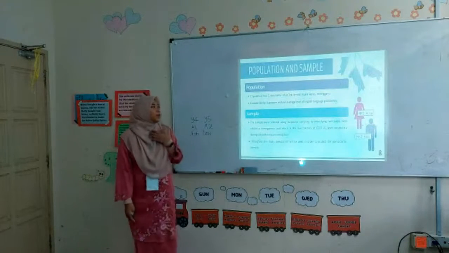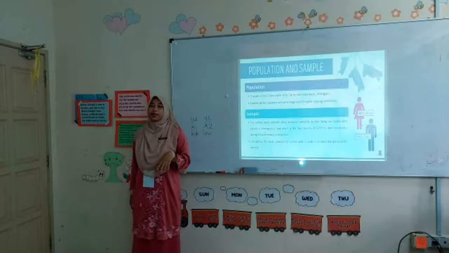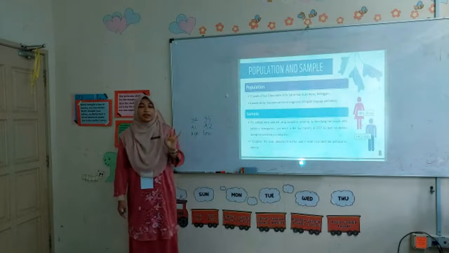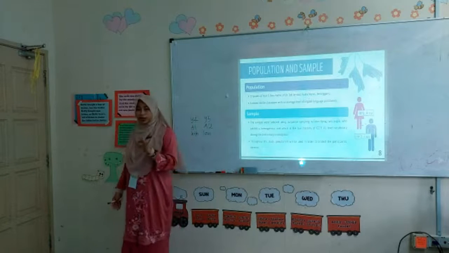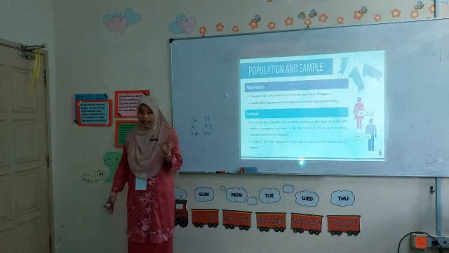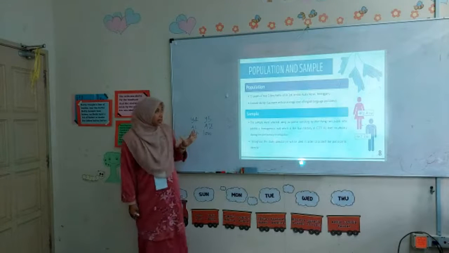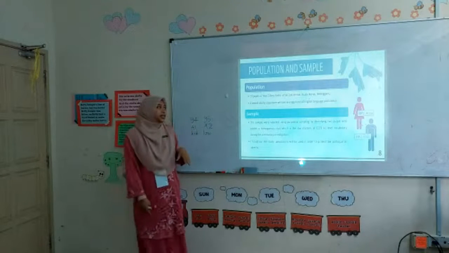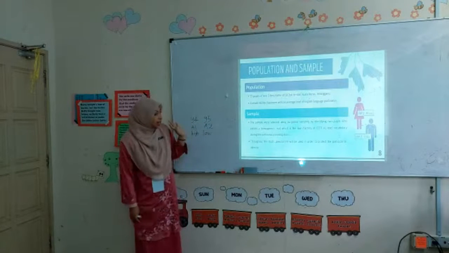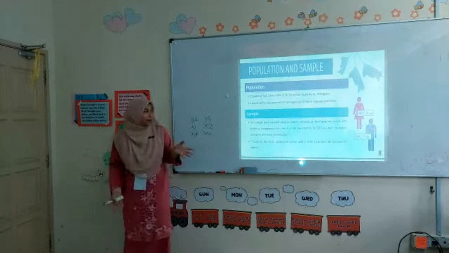Okay, so for population and sample, the population is 33 pupils of Year 5, in a school very near to here. It is the third class out of 5 Year 5 classes, and it is a mixed ability classroom with an average level of English language proficiency. Okay, so how do I select the samples?